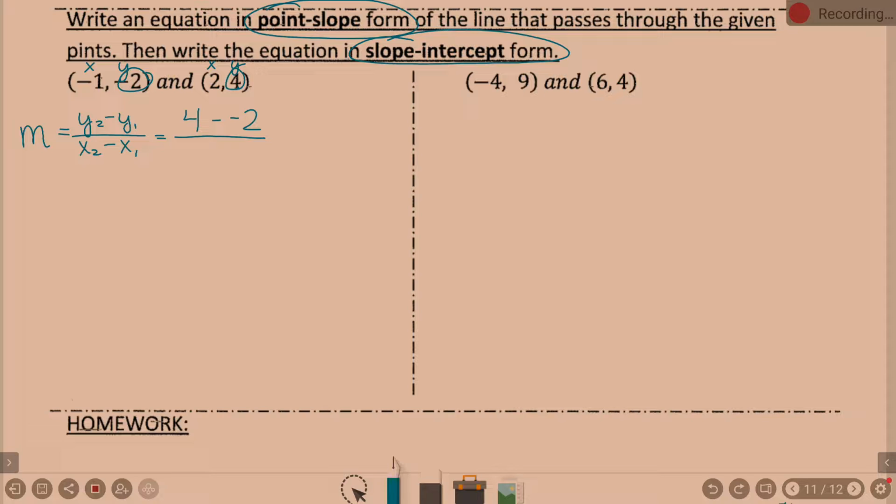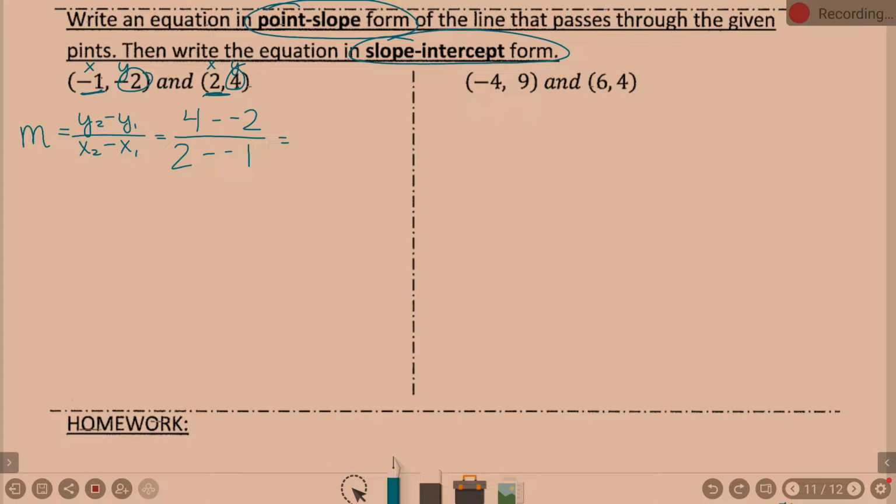If on top I do 4 minus negative 2, what must I do on bottom? 2 minus negative 1.